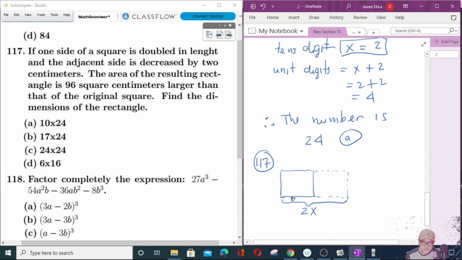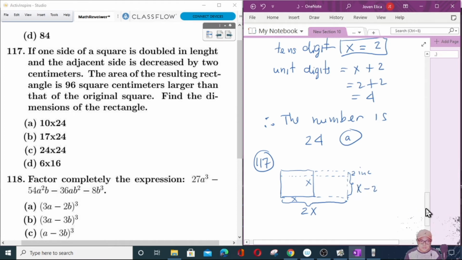If this is x, this is x. And the adjacent side is decreased by, let's say, 2 centimeters. So this is now x minus 2.